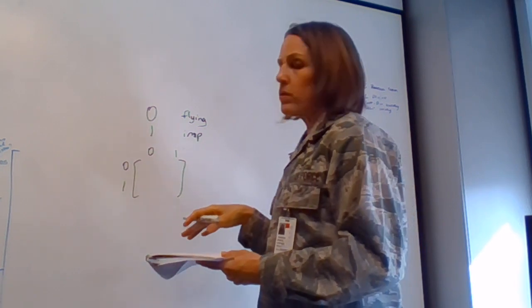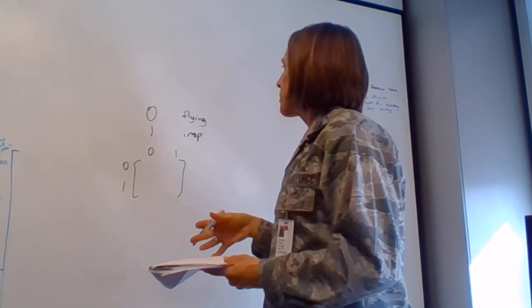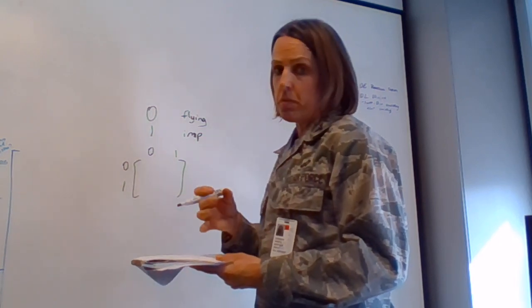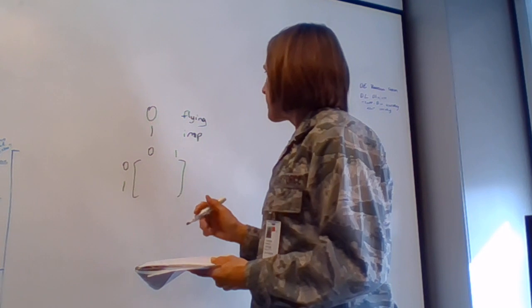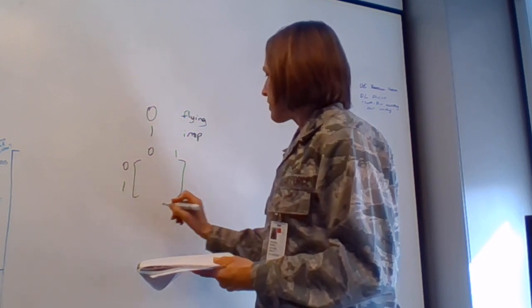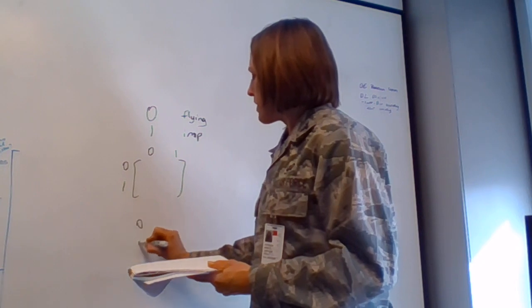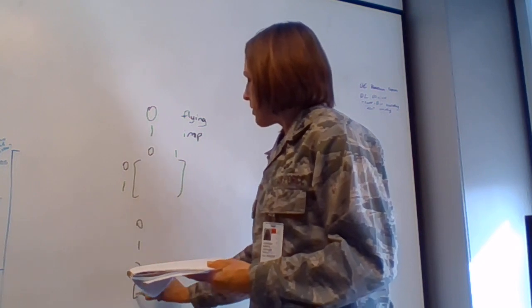But let's say we want to do this for 2 time steps. So we want to say, okay, whether it's flying today depends on whether it was flying yesterday and the day before. Now we would redefine our states, and we could have states 0, 1, 2, 3.